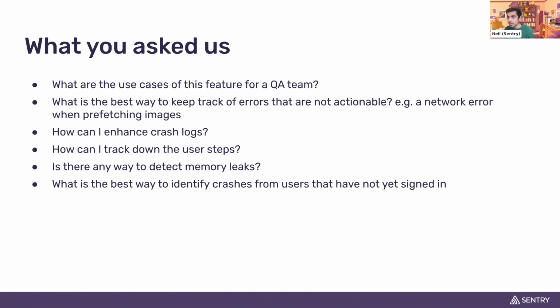Awesome, thank you. And then I believe the next question is, what is the best way to identify crashes from users that have not signed in? Once again, going to showcase some documentation. Actually, this one I'll answer verbally. So when a user signs in, I would recommend setting a tag or some type of property within the SDK, and then we can query against that.